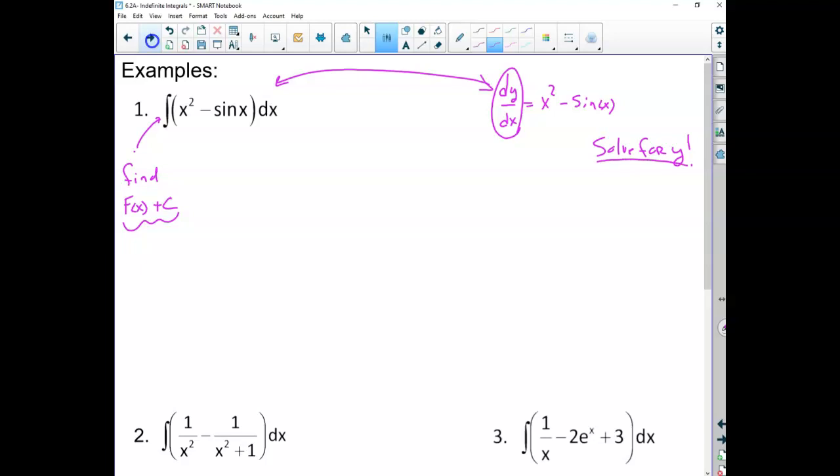It's saying, hey, use the antiderivative command, and that's telling you to find the antiderivative, where the antiderivative of x squared is going to be x cubed, and to get my 1 here, I know I need to multiply by a third. I also need to know that this is minus sine x. The antiderivative of sine is a negative cosine, so that's going to be a plus cosine x plus a c.